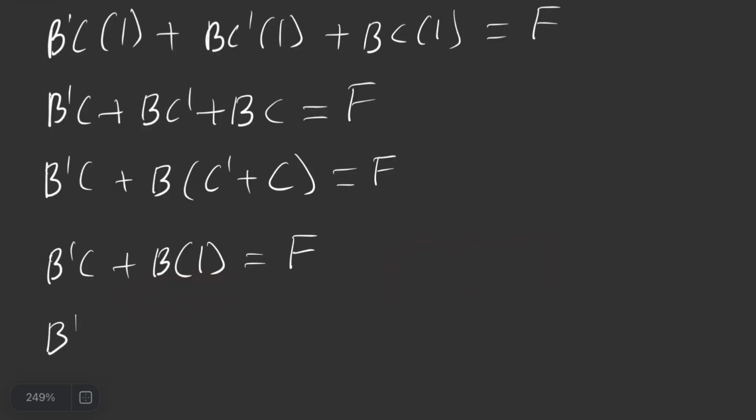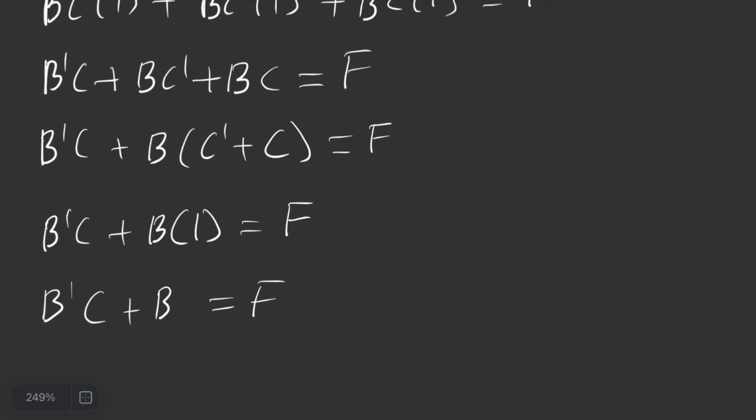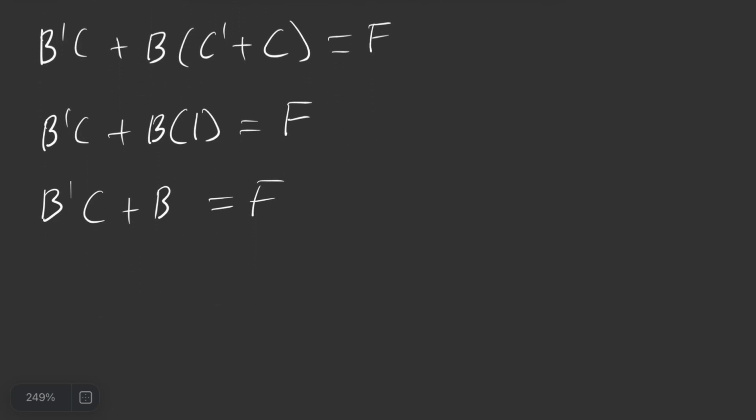So therefore, this will be B. Now that we've done that, we're just going to reorganize this so you guys can see the commutative law I'm about to use. I just used the commutative law to reorganize.